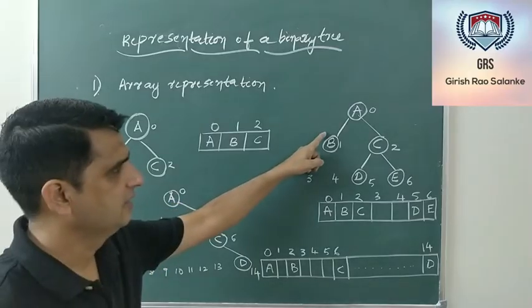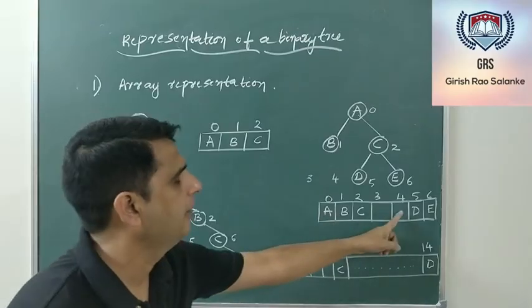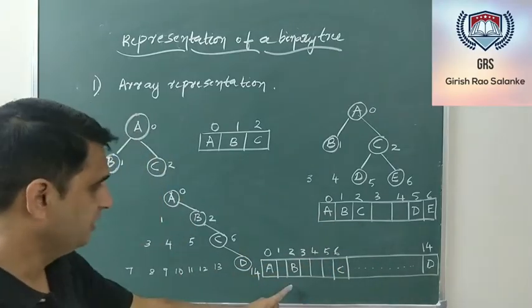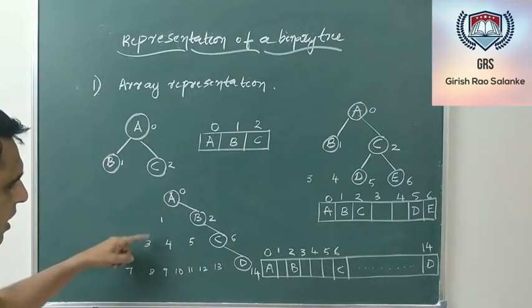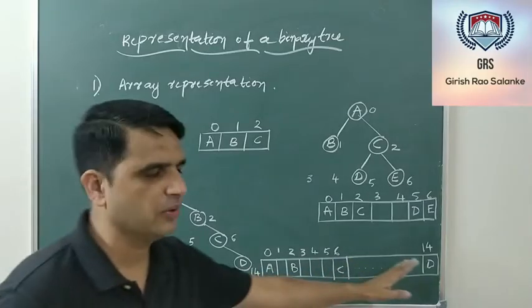In this case, there are 2 unused locations. Now in this case, the unused locations are 1, 2, 3, 4, 5, 6, 7, 8, 9, 10, 11. There are 11 unused locations.